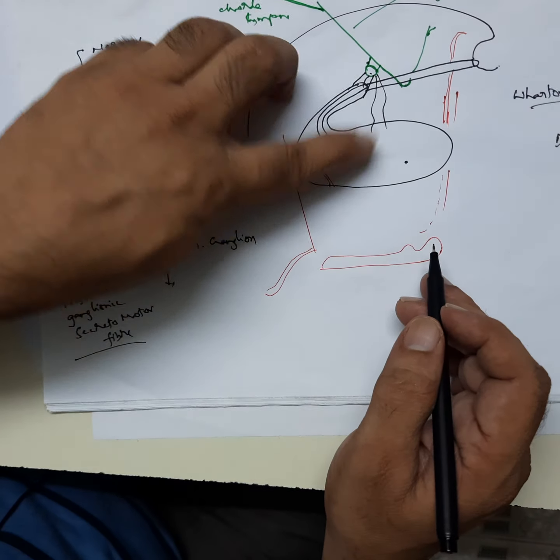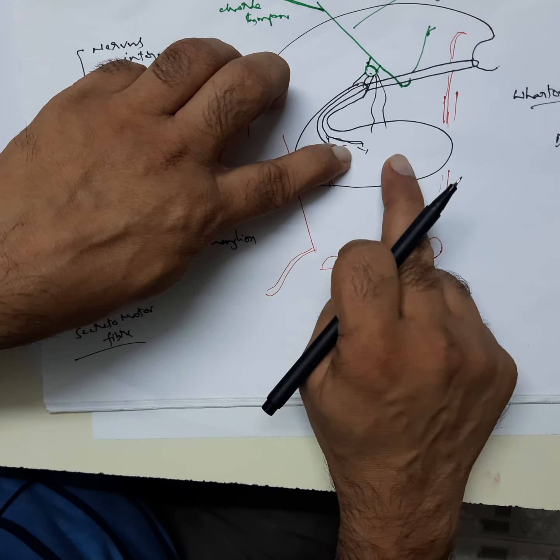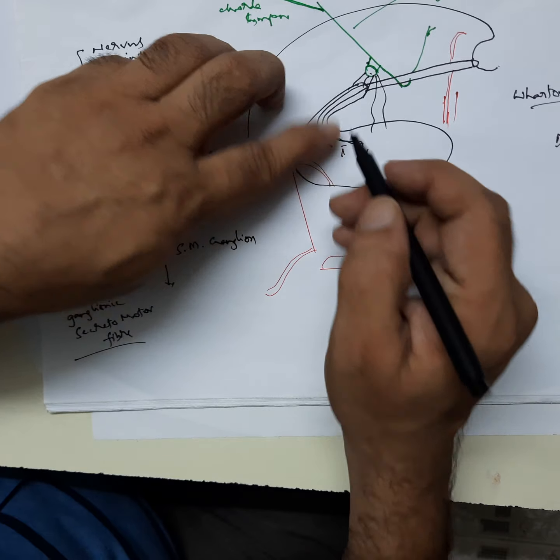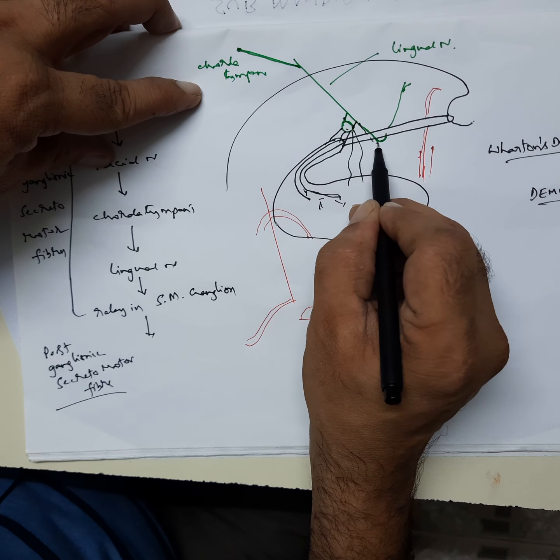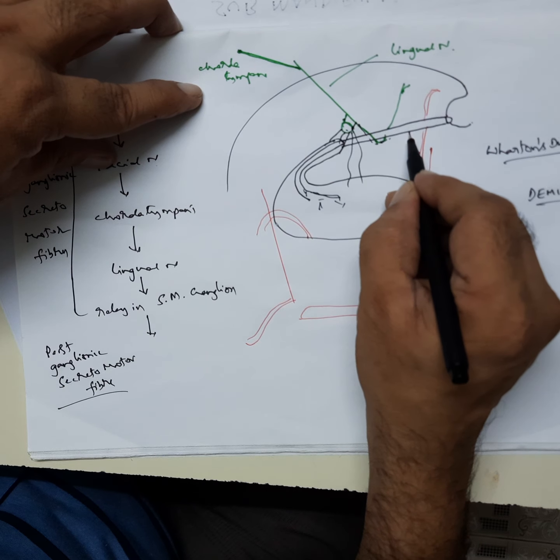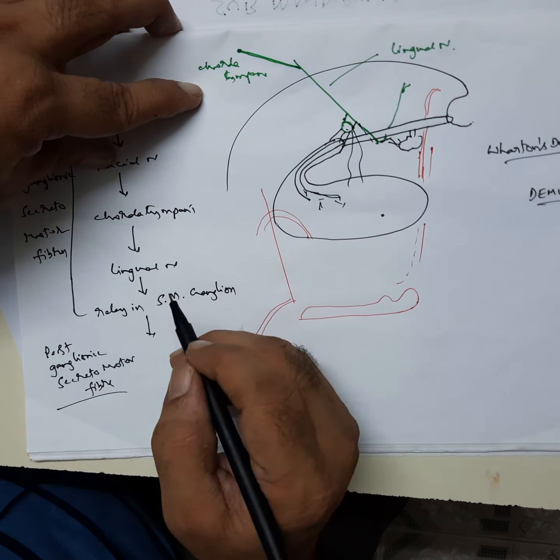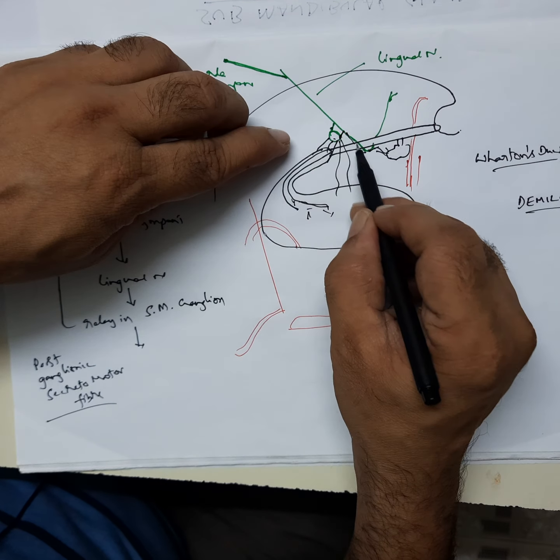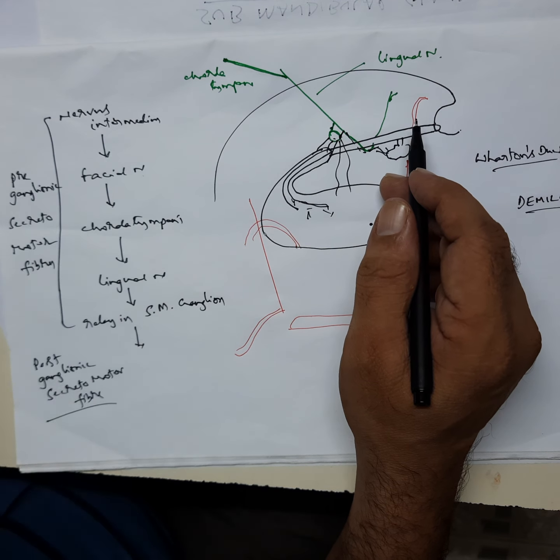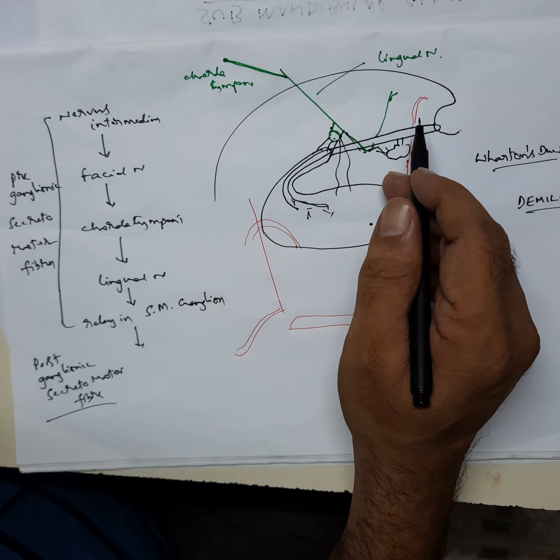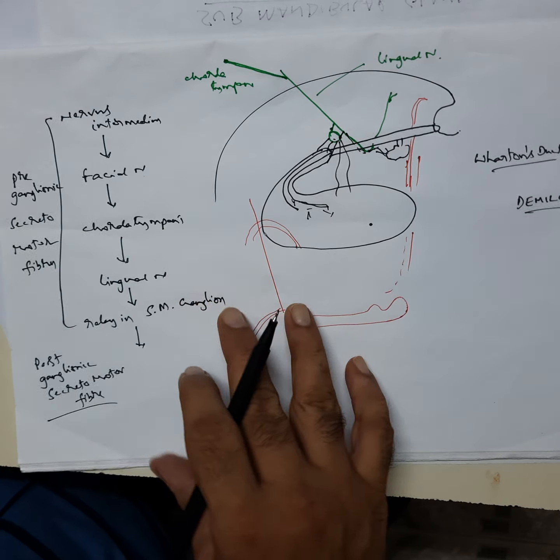So they enter the gland and supply secretomotor fibers to the submandibular gland, and a few pass through this posterior root and through the lingual nerve, and they reach the sublingual gland here like this. And also these fibers through the lingual nerve reach the accessory salivary glands which are present in the tongue, the buccal mucosa and the palate. So these are all secretomotor fibers.